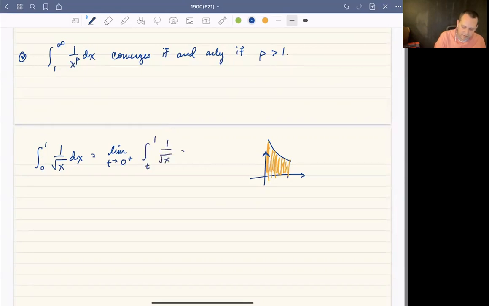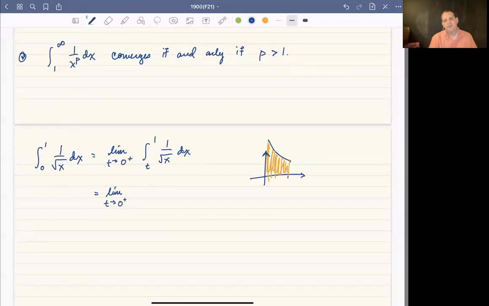So we have to think about where the discontinuity is going to occur, and then that'll be the value that we put in for the limit. Okay, so here we're letting t go to 0 from the right because we don't care about what happens for negative values. In fact, square root of x doesn't make any sense for negative values, so we can't even think about it there. Anyways, so this is the limit that we're going to look at, the limit as t goes to 0 from the right.